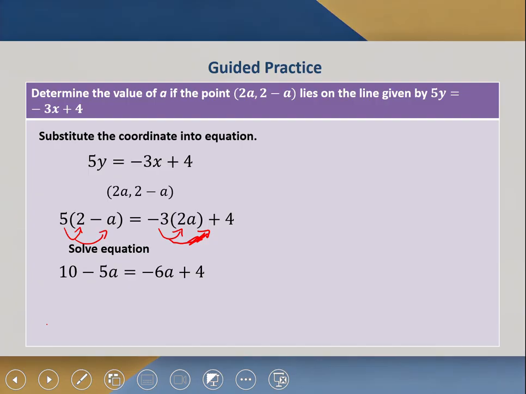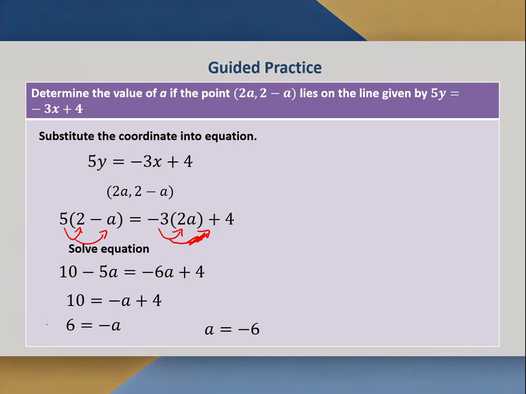The final step is getting our a's to one side. It will be easier just to add 5a to both sides, and that will leave me with 10 is equal to negative a plus 4. I'll get a by itself by taking away 4, which gives me negative a is equal to 6. And I'll just take the negative off and change that to the other side, which leaves me with a is equal to negative 6.